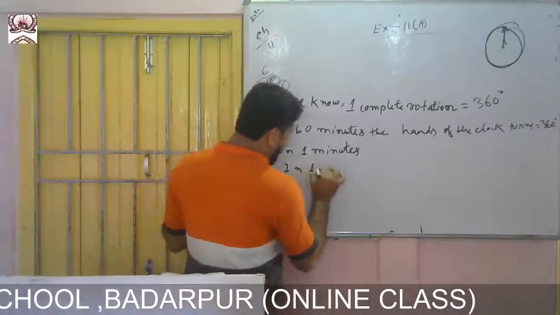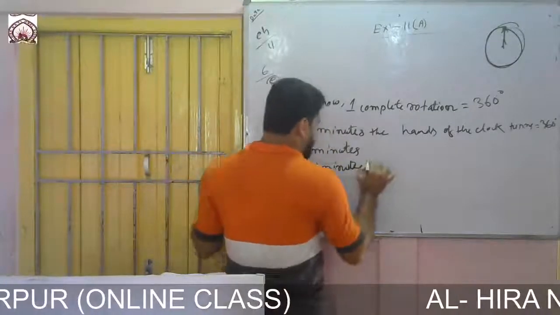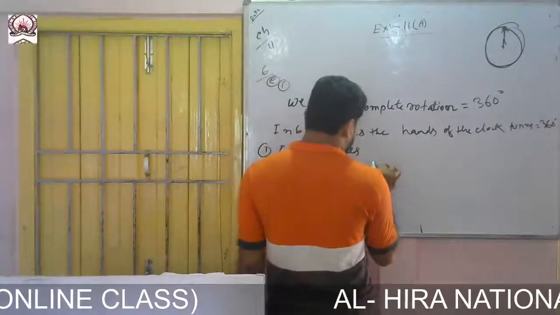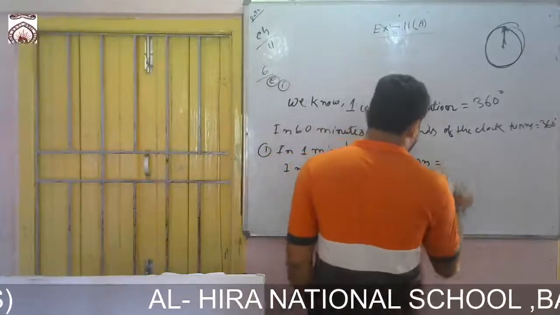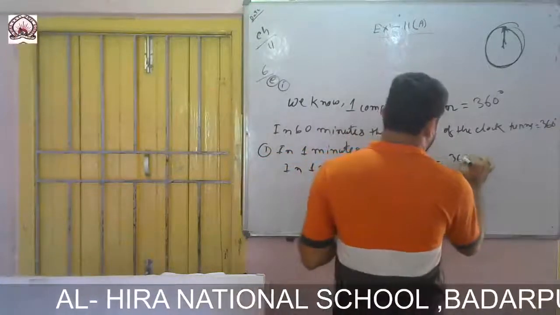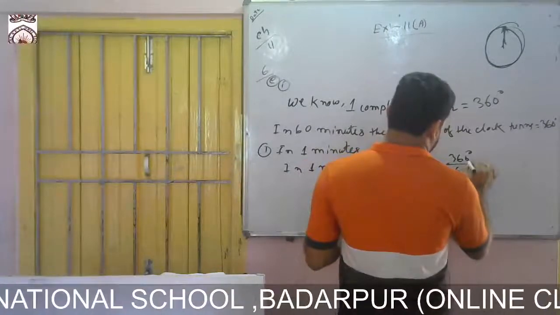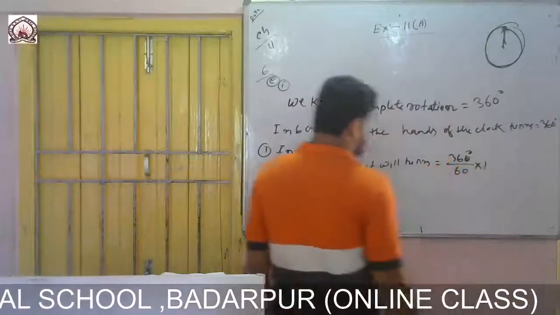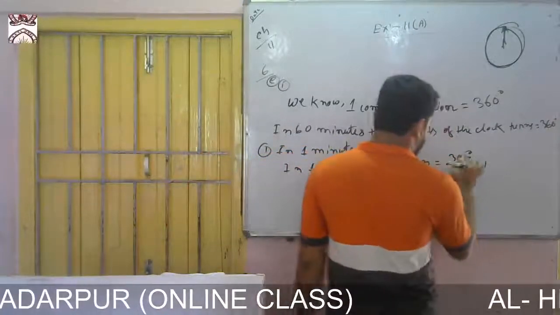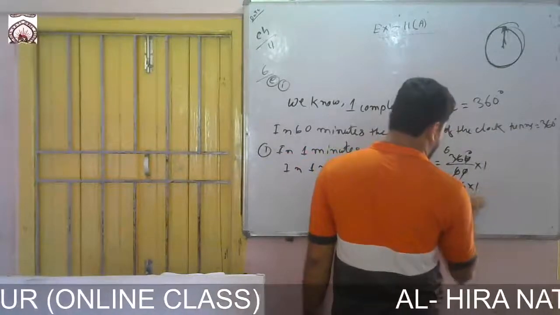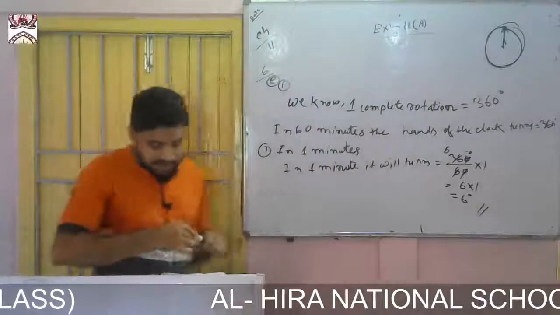In 1 minute it will turn 360 degree by 60 into 1. So cancel this 0, 6 6s are 36, so 6 into 1 it is 6 degree. This is 6 degree.